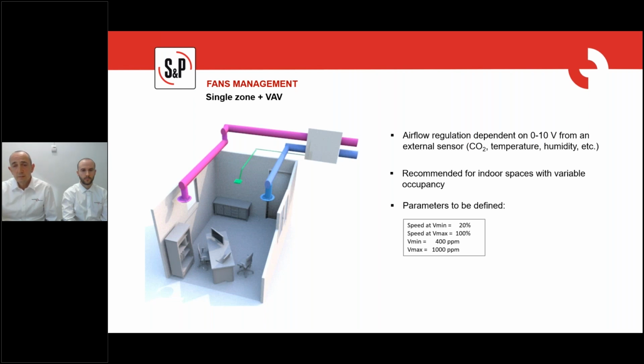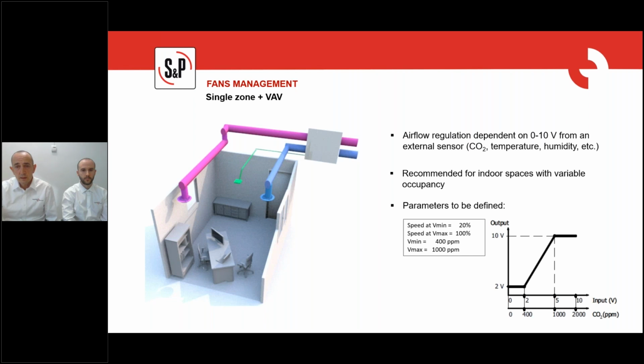And this system, we can see better with this graph, will operate at minimum speed with low concentrations of CO2. Below 400 ppm, the system will go at 20% of maximum speed, which is nothing, just a valley airflow.